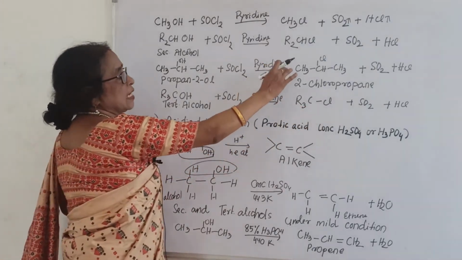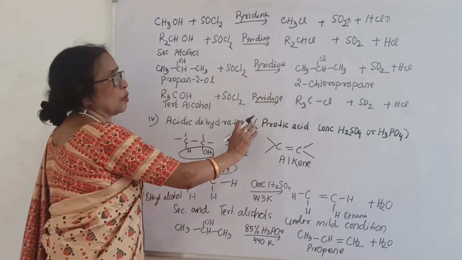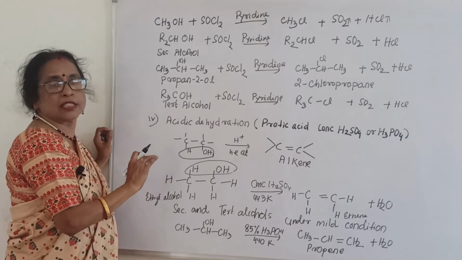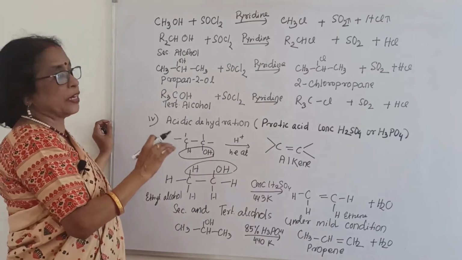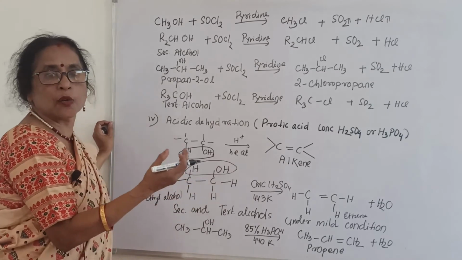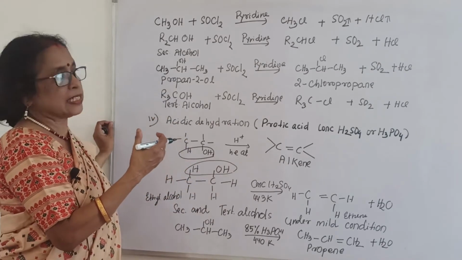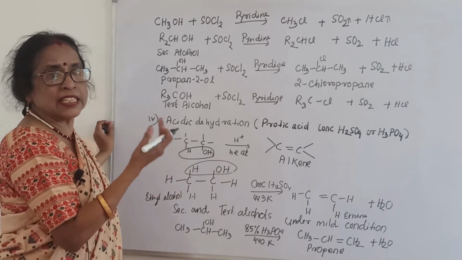Suppose tertiary butyl alcohol gives tertiary butyl chloride, like this. So alcohols react with thionyl chloride in presence of pyridine to give the corresponding haloalkane, and side by side sulfur dioxide and HCl are produced, which are gases, and they can be separated easily.